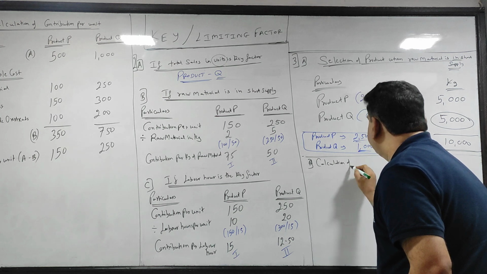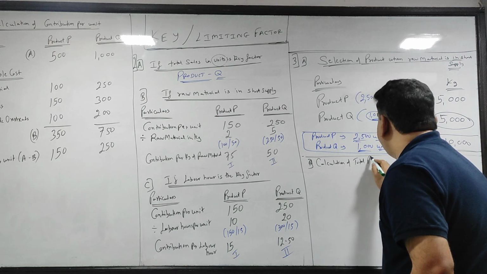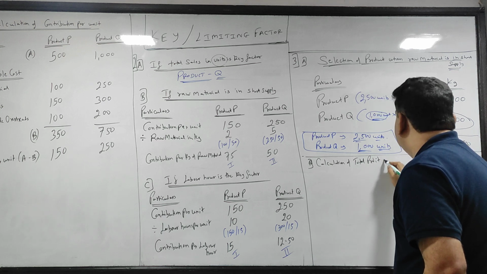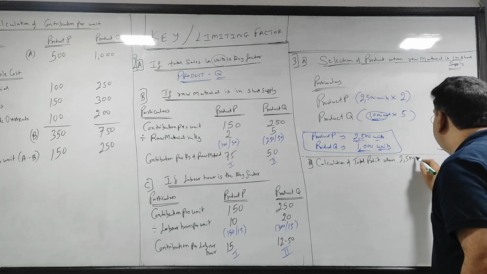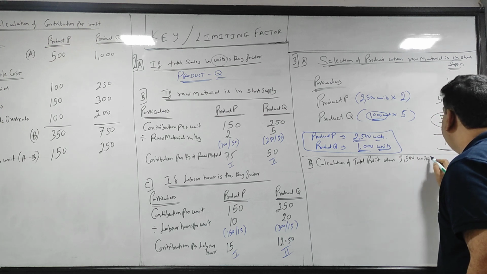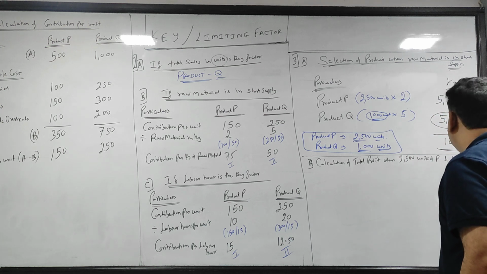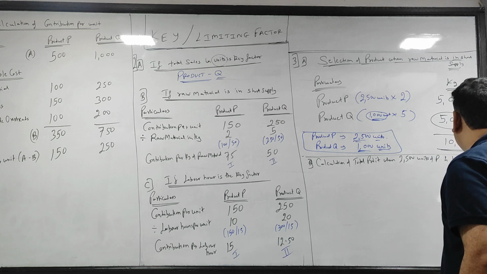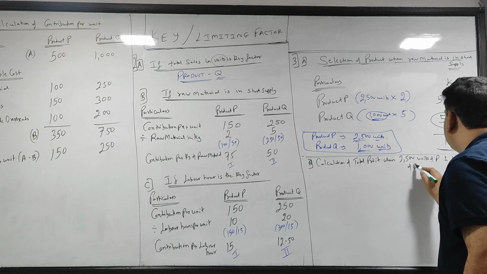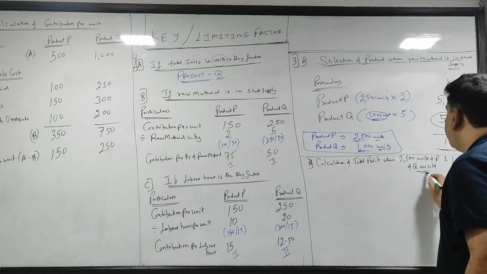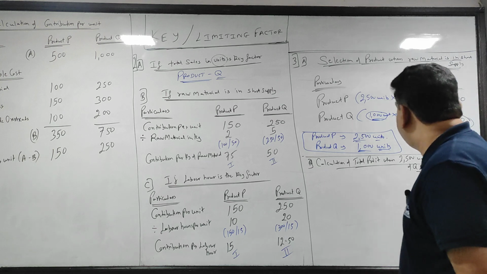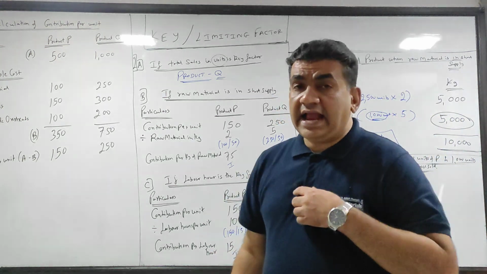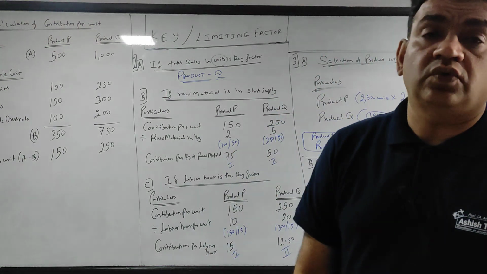Calculation of total profit when 2,500 units of P and 1,000 units of Q are sold. Okay. Total profit when 2,500 units of P and 1,000 units of Q are sold.